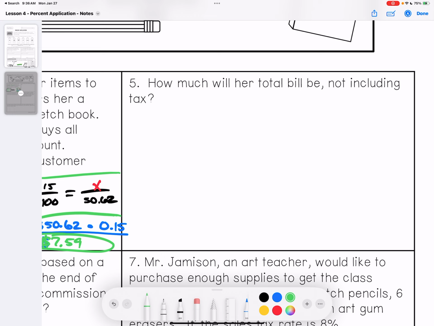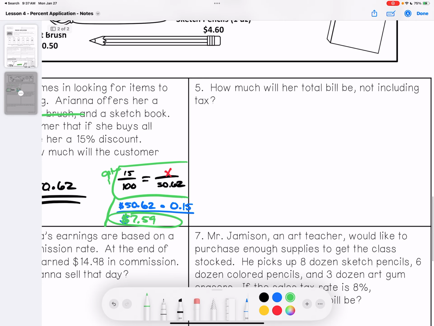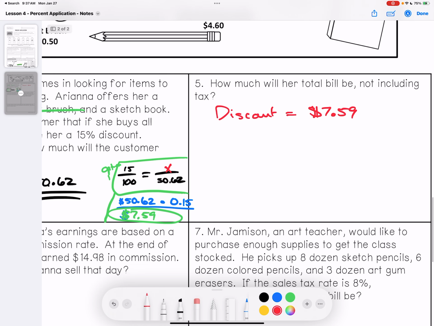All right, so if she was to order those 3 items, how much would her total bill be, not including tax? So we gave her the discount, and it was $7.59. The total before discount was $50.62.